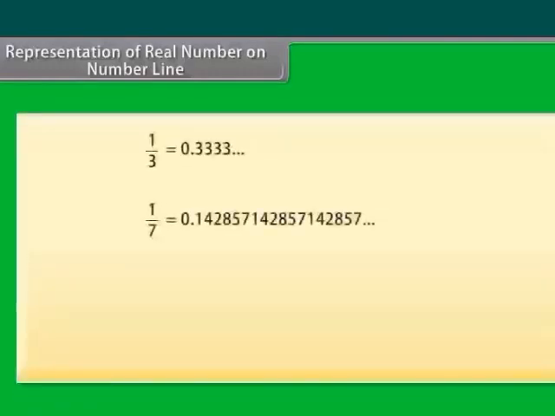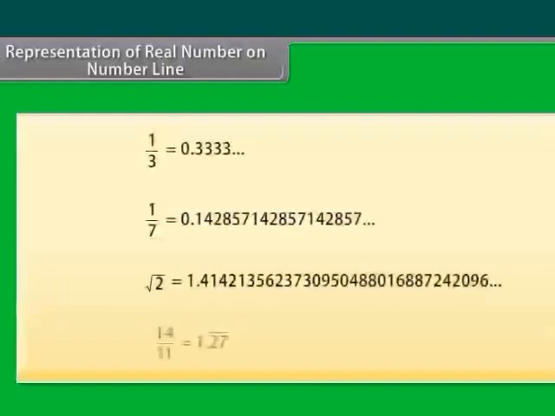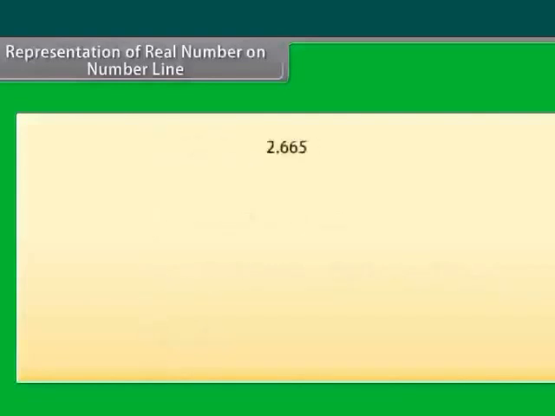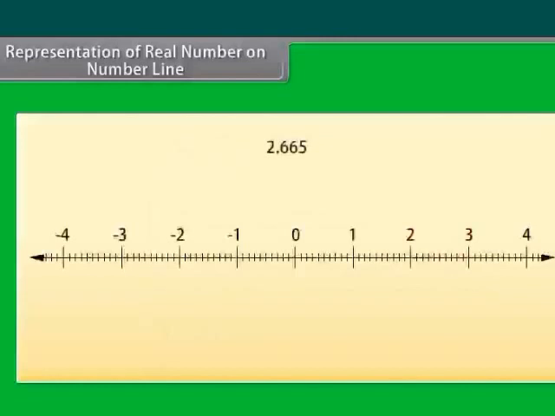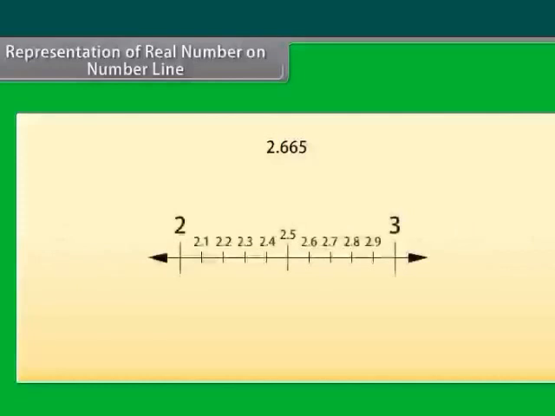Representation of real numbers on the number line. We now know that every real number has a decimal expansion. That decimal expansion helps us to locate it on a number line. Let us locate 2.665 on a number line. We know that it lies somewhere between 2 and 3. Imagine dividing it into 10 equal parts for a clear view of the numbers.